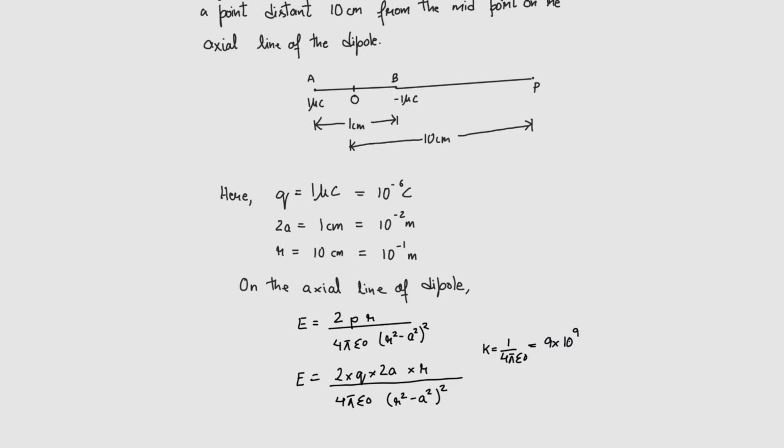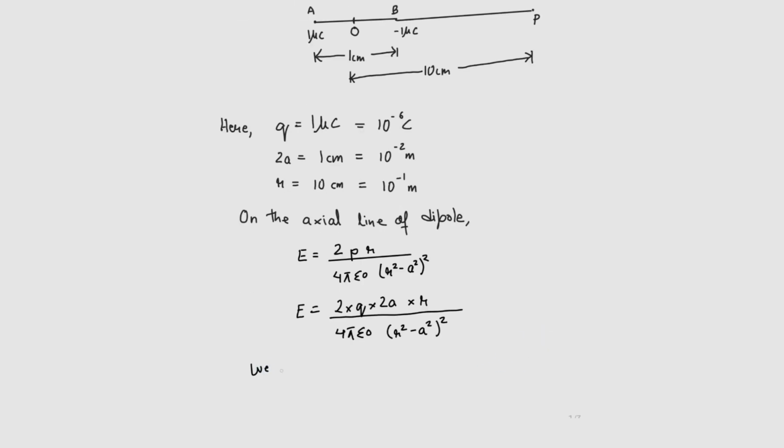So we already know it is equal to 9 into 10 to the power 9 Newton meter square per coulomb square. Alright.